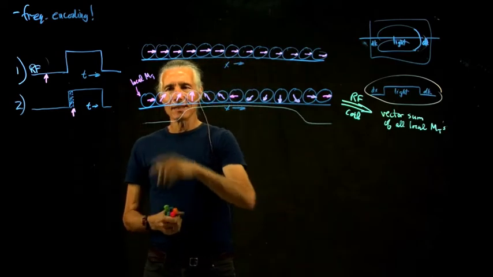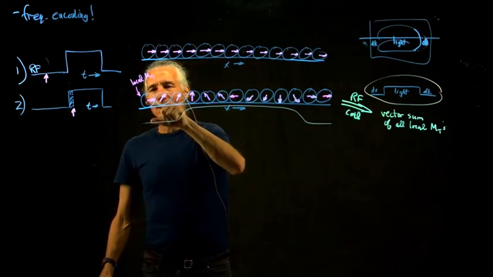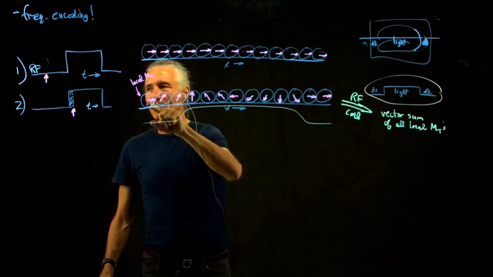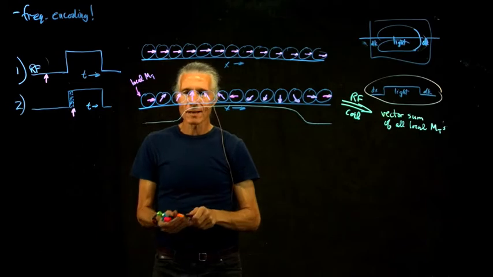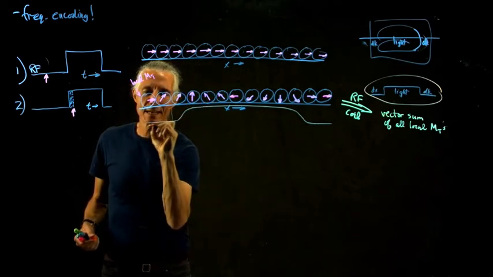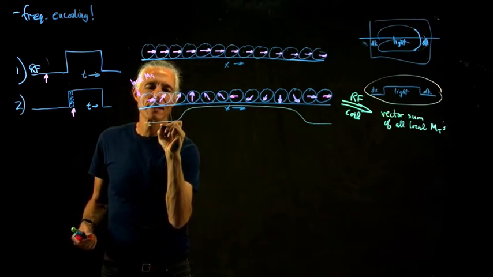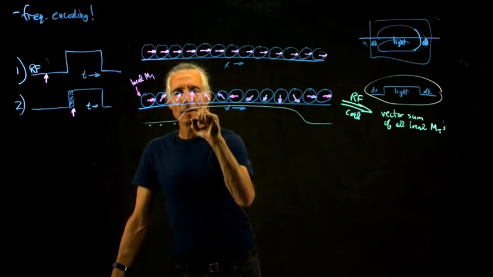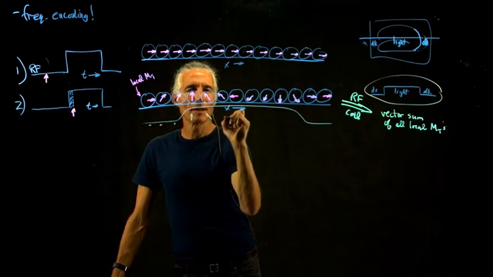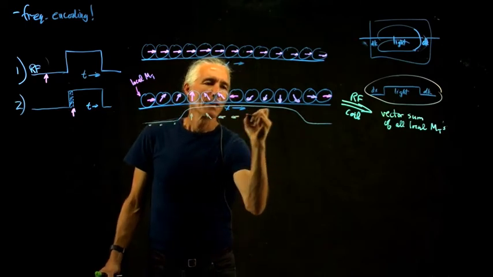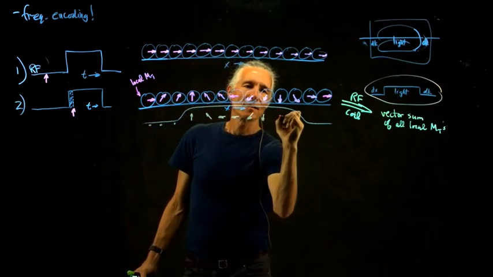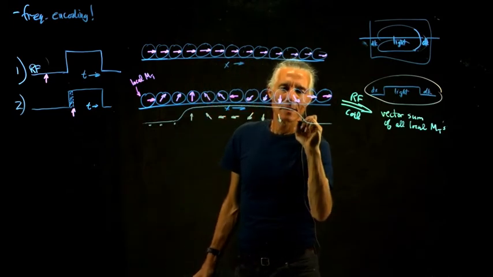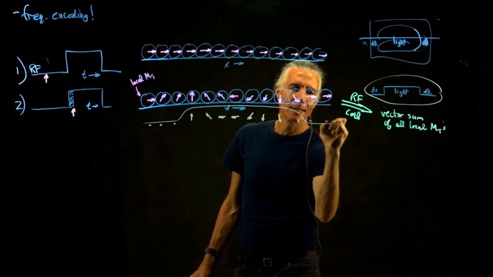That means that the local magnetization vector that you get from here is going to be very small. So in real life, there's a tiny guy here, tiny guy here, tiny guy here. And now suddenly we've got a much bigger one, and a bigger one this way, and a bigger one that way, and a bigger one this way, and a bigger one that way. And then small again, really tiny.